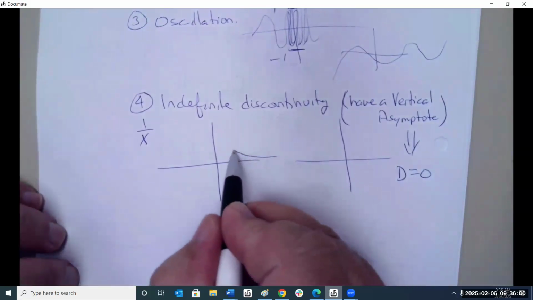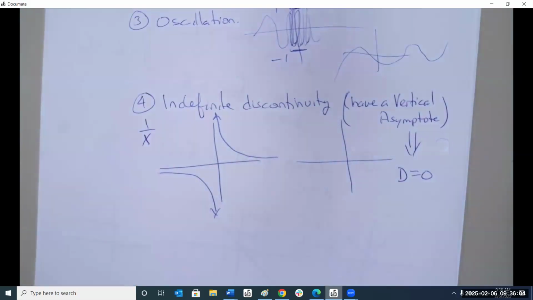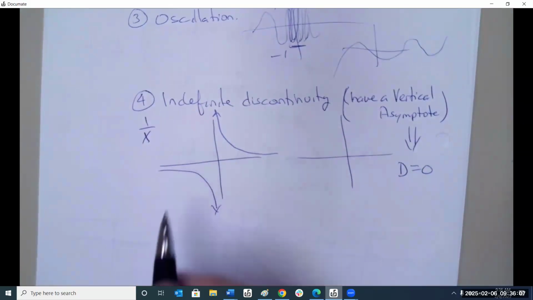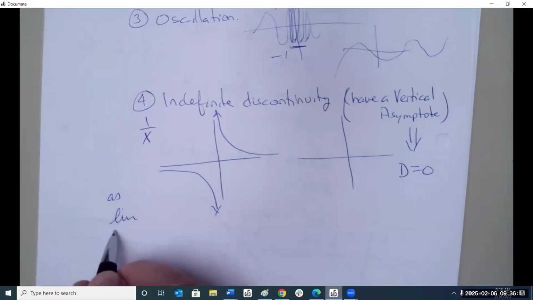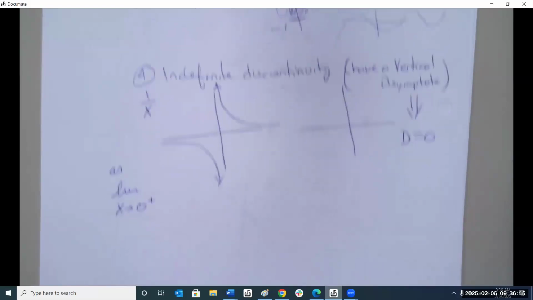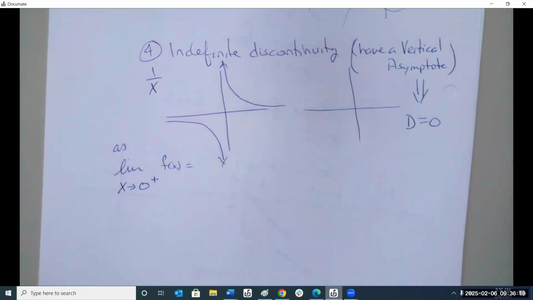This graph looks like this. As we get closer, as the limit of x approaches 0 from the right of our function, what does it go to? It goes to infinity.